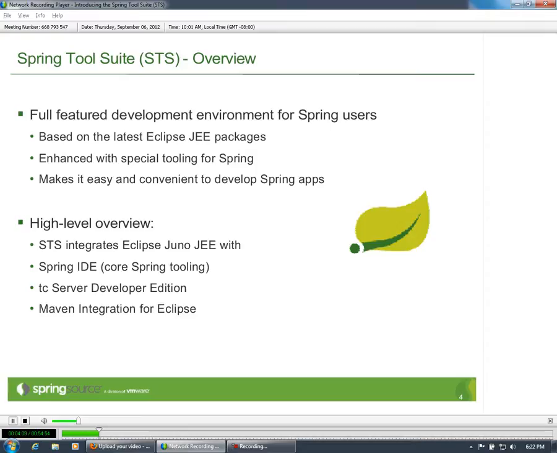Together with these pure IDE features, we also package the tc Server Developer Edition itself, so the runtime, Spring Roo, the latest Spring Roo release, and the latest Maven release, so that you don't need to install additional runtimes. They all get pre-configured and ready installed into your environment.